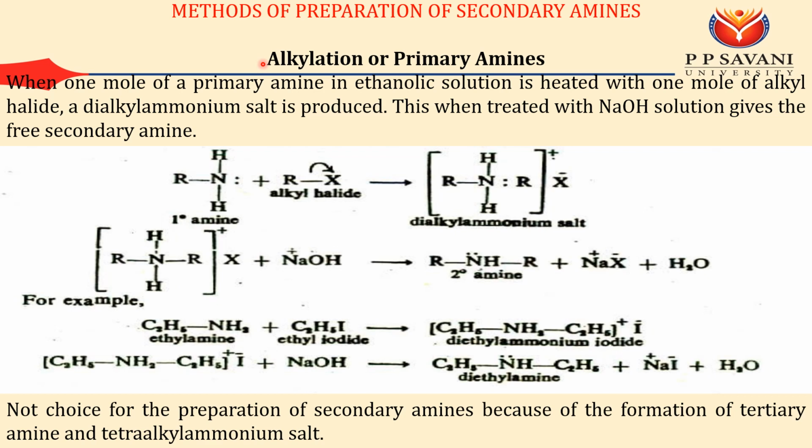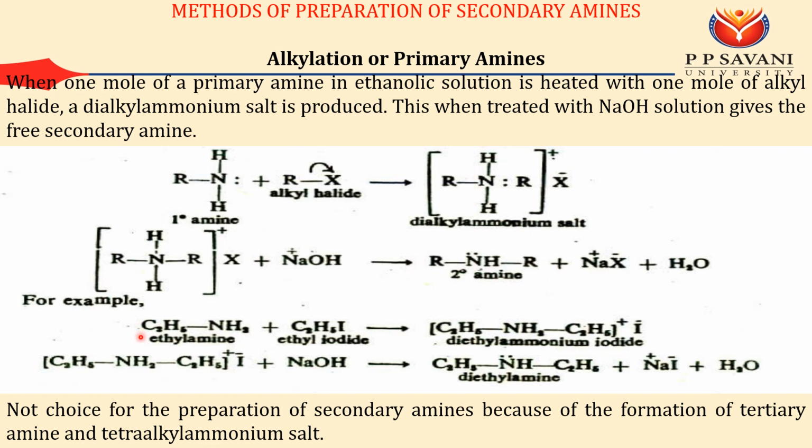Take 1 mole of primary amine and react it with any kind of alkyl halide, and it will produce a salt. This salt is acidic, so if you react it with a base, neutralization occurs and you will get a secondary amine as your product.